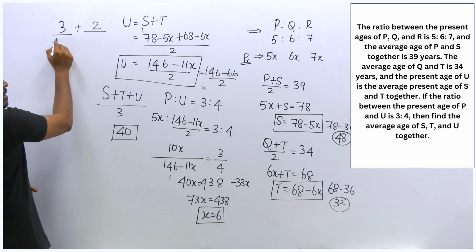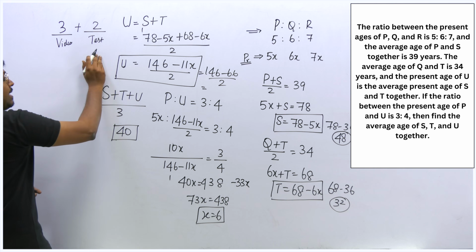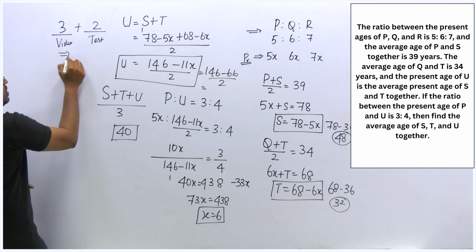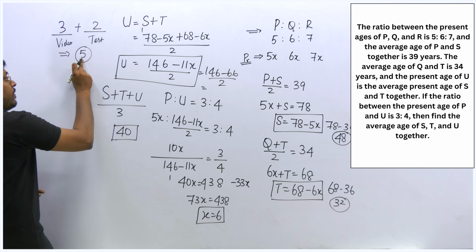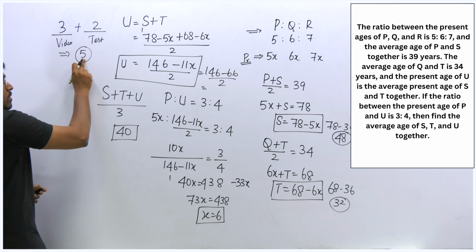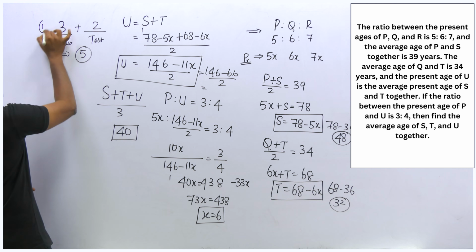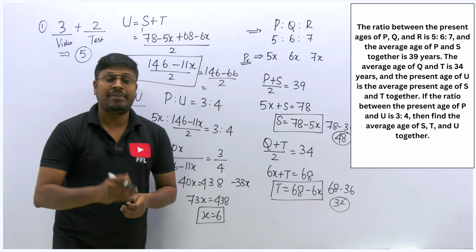So once you open the test, you can see the total number of questions will be 5. Inside the 5 questions, the questions I taught now are also there in the test. So in the first video on problems on ages, I taught 3 questions and gave 2 questions as a test.